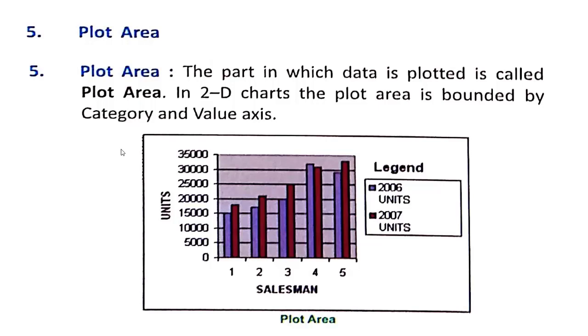The part in which data is plotted is called plot area. In a two-dimensional chart, the plot area is bounded by category axis and value axis, that is x and y axis. You can see the diagram also. Just see the cursor, this is called plot area.